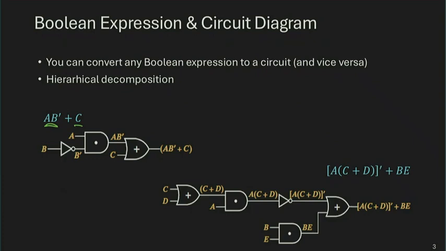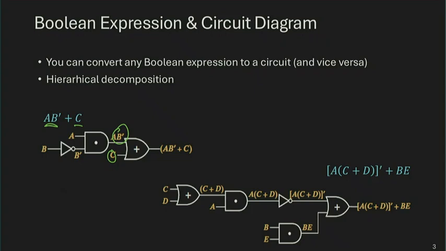So we can put down ab prime on one side of an OR gate, c on the other side, to build that Boolean expression. But ab prime is still a function, so you need to further decompose it into individual variables. It's an AND function between a and b prime. So we put down an AND gate, connect a to one side, b prime to the other side, and b prime is the inverted b. So adding an inverter to the b side gives you the circuit implementation of a Boolean expression.